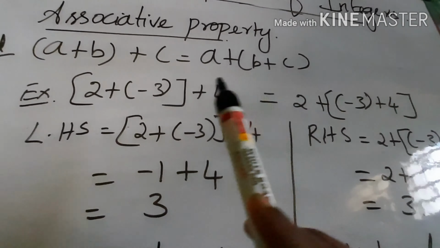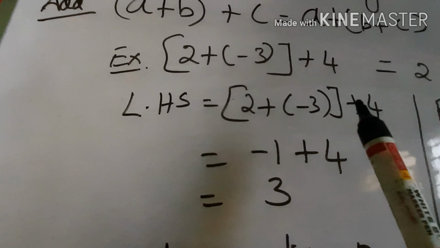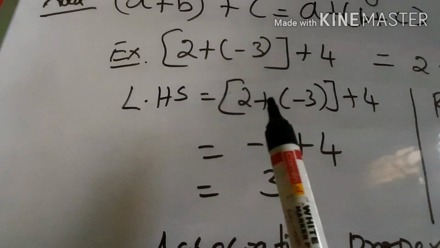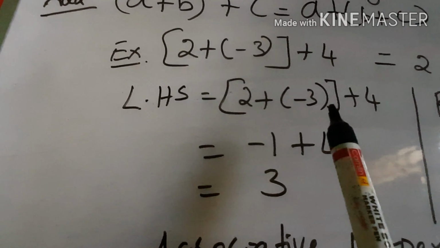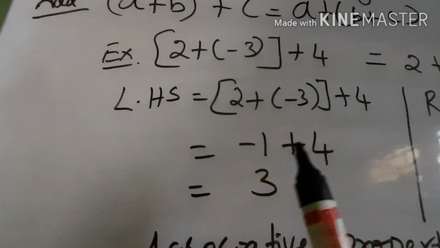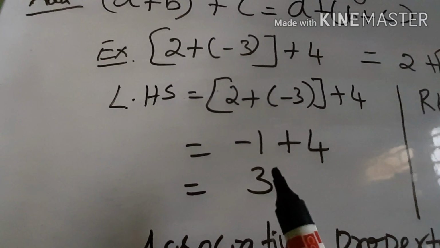First we take the LHS. The left hand side is 2 plus -3 plus 4. When you add 2 and -3, you get -1, plus 4, which gives 3. This is for the LHS.